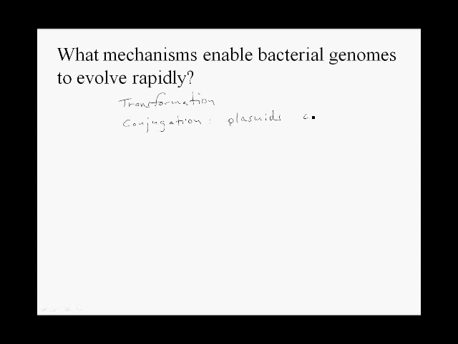Plasmids are circular DNA molecules. They're circular like the chromosome, but much smaller than the chromosome. Whereas the chromosome will be more than 1 million base pairs, plasmids are anywhere from a few thousand to tens of thousands of base pairs. They don't approach millions of base pairs. Plasmids contain genetic information, genes such as for antibiotic resistance.